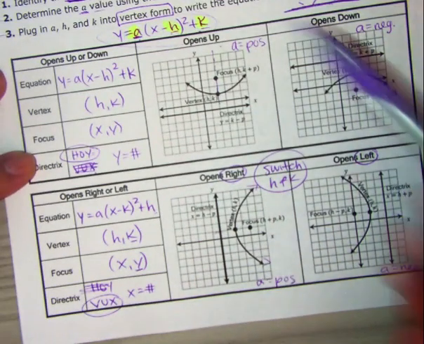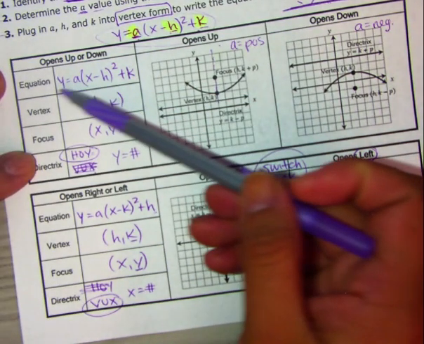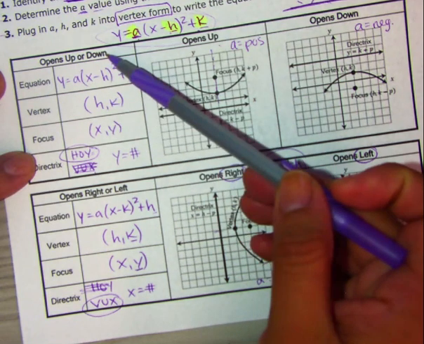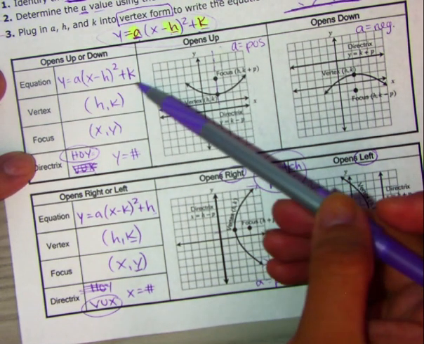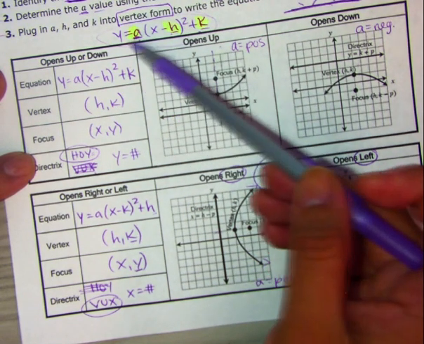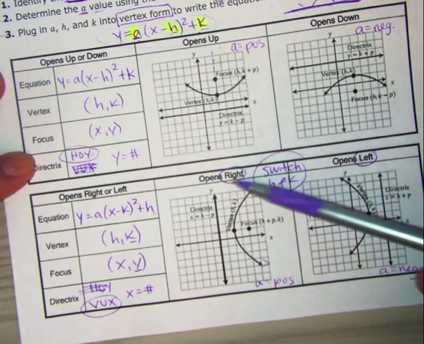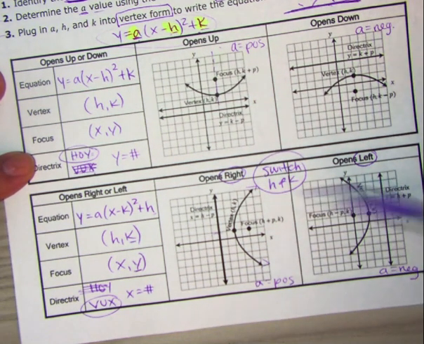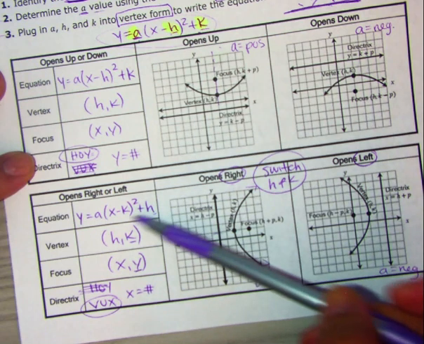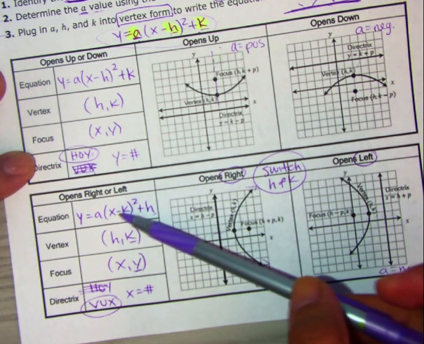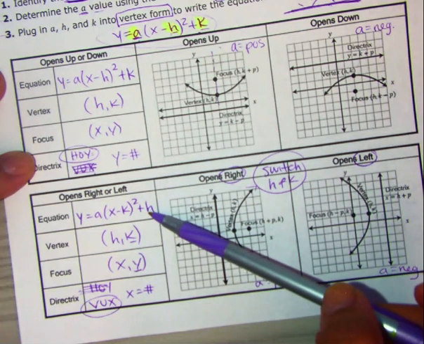Another thing to remember is that when the parabola opens up or down, the equation is the way we always know it, with h and k in that order. But when it opens left or right, the h and k switch: x equals a times (y minus k) squared plus h.